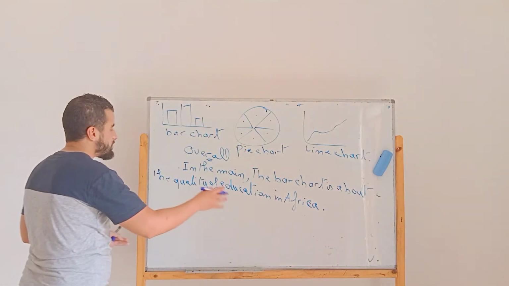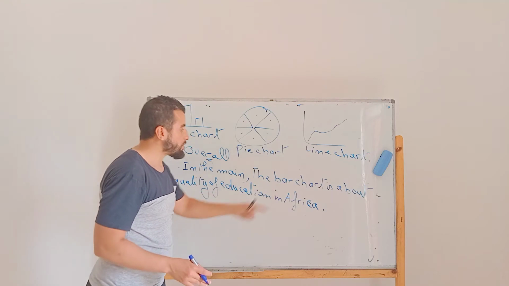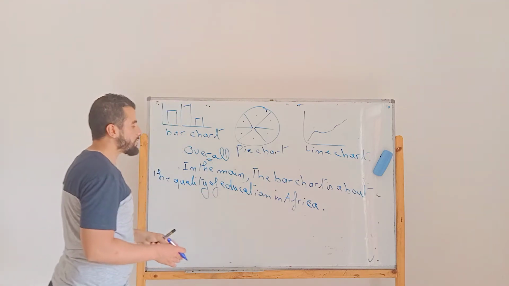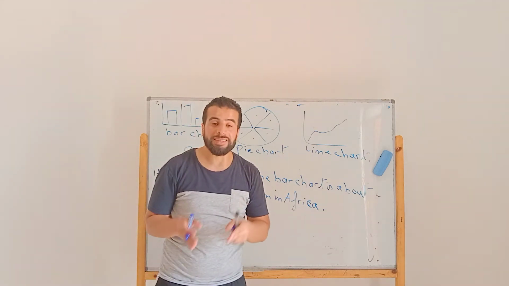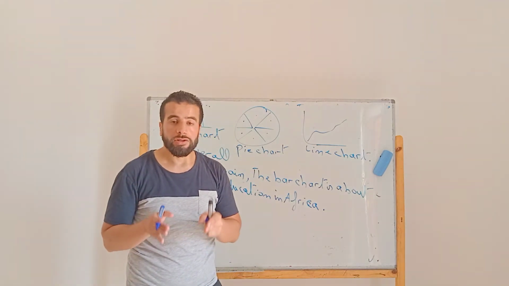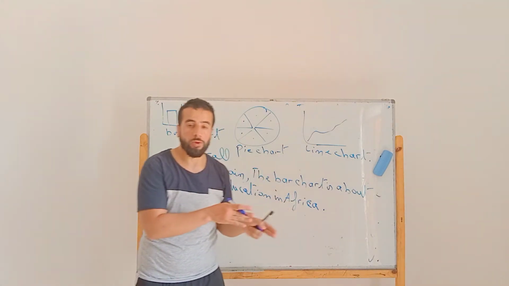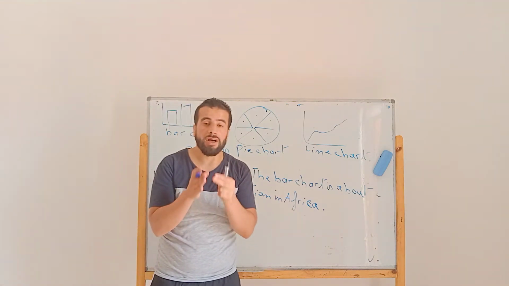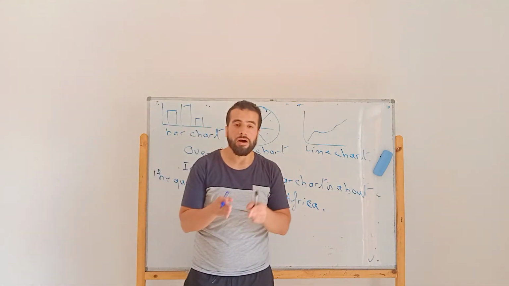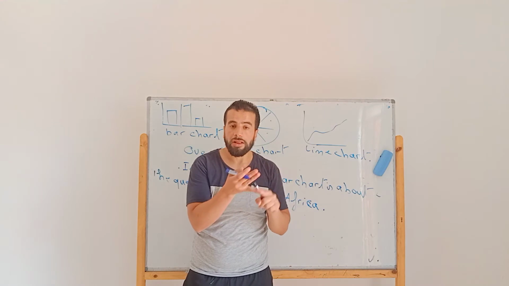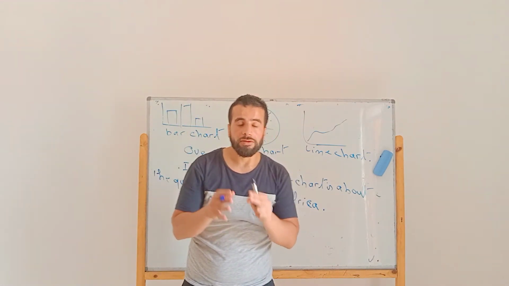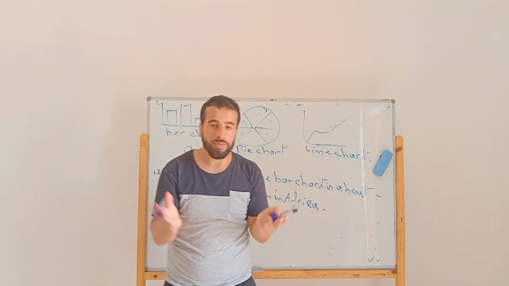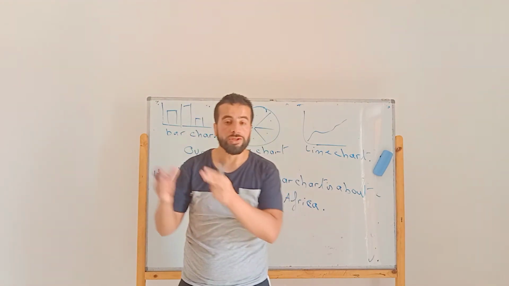When we continue, we say, in the main, the bar chart is about the quality of education in Africa. The results are being indicated in percentage form, and the countries that are being analyzed are as follows. We have Algeria, Tunisia, or Morocco, etc. And the findings are being highlighted for the sake, etc.